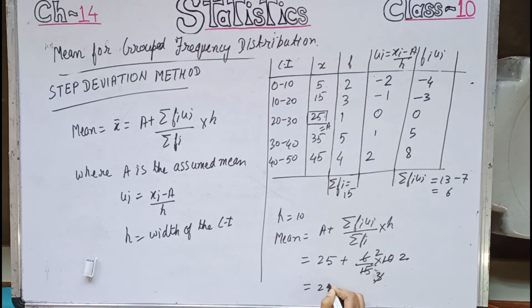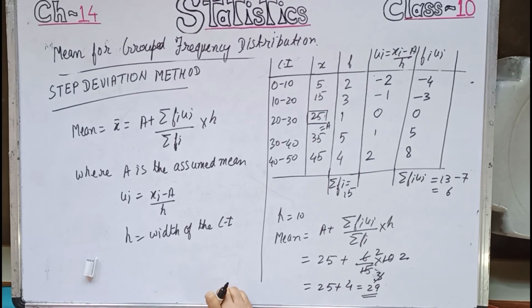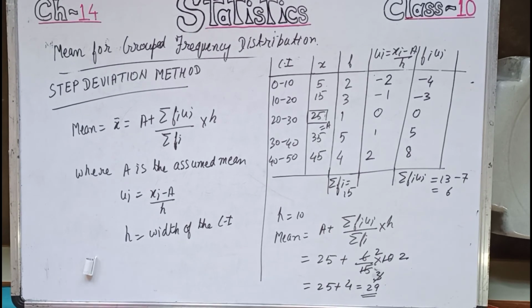So it is 25 plus 4 equals 29. So the mean value is 29. I think you understood the methods for finding the mean for grouped frequency distribution. Number one was the direct method, number two was the assumed mean method, and number three was the step deviation method.